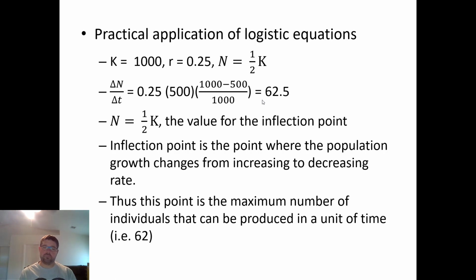You haven't taken too many to decrease your population. All right, so you're going to go through some exercises for the next assignment, calculating this and thinking about maximum sustainable yield along these lines.